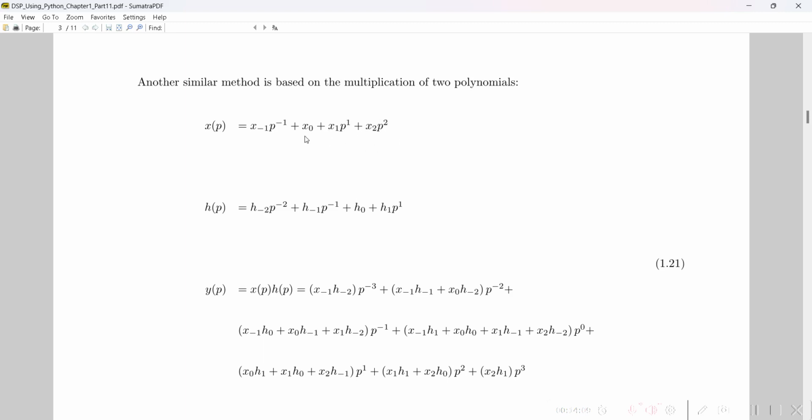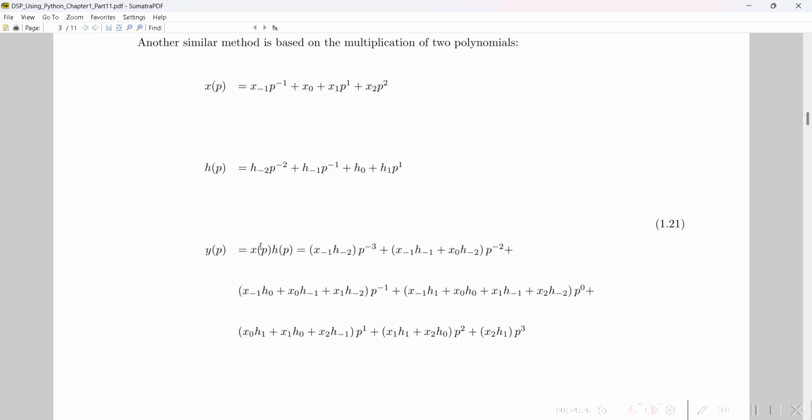And there is nothing left. What about h of p? h of p is equal to h minus 2 times p minus 2, up to h1 times p1. And the rest is very simple: just multiply the two polynomials.